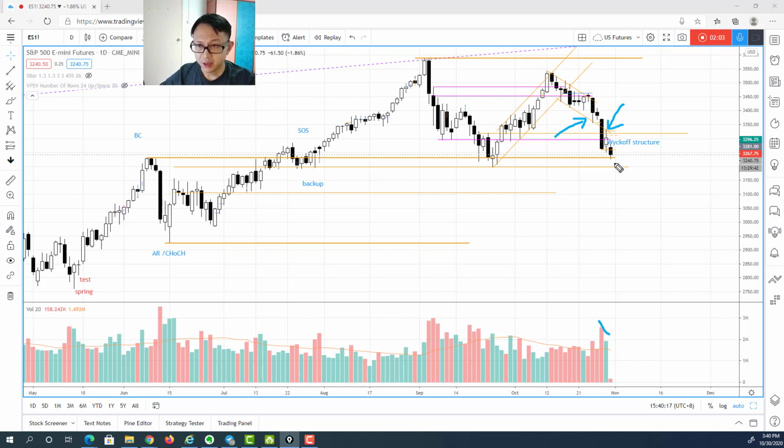Currently there is weakness showing up in the S&P 500. That's why we see that it's currently testing this support area at 3200 to 3230.